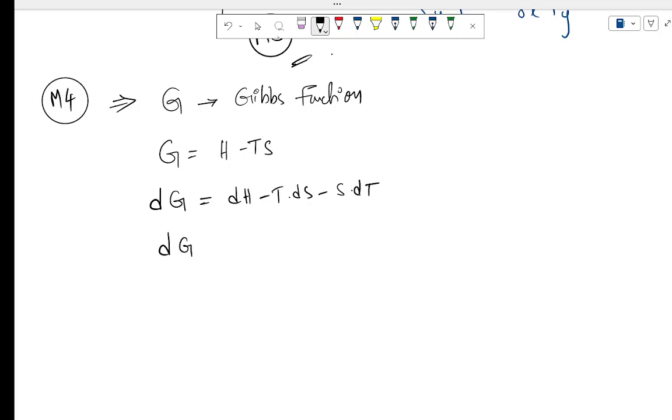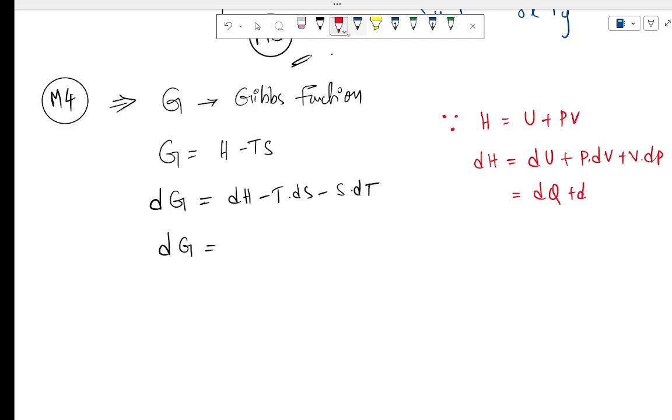dG will be equal to this. I can write it as vdp. How, I will show you on the other side here. Since H is equal to U plus PV, I can write that dH is equal to dU plus pdV plus Vdp, and this dU plus pdV is nothing but dQ plus dW plus Vdp.